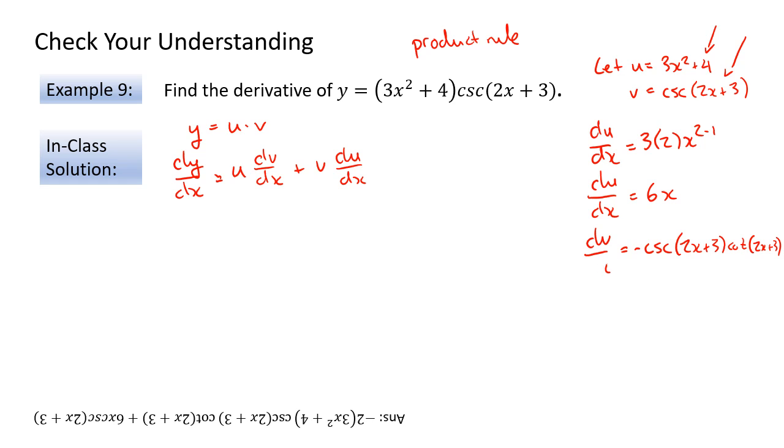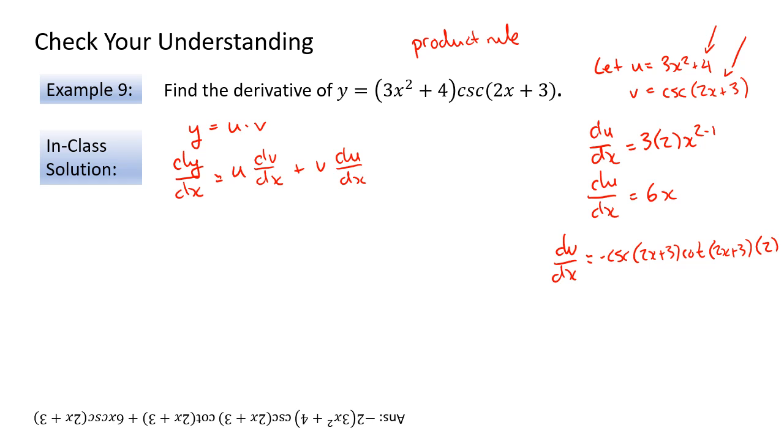So I'm actually going to just give us some more room. Okay, so just writing what we just had, dv by dx is negative cosecant of 2x plus 3 times cotangent of 2x plus 3, and the derivative of 2x plus 3 is simply 2. Okay, sorry I had to erase that. This just makes it a little simpler.